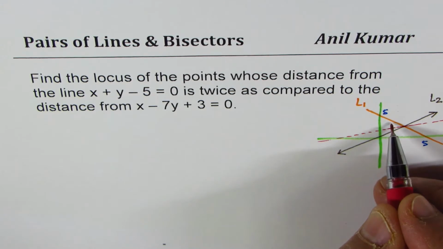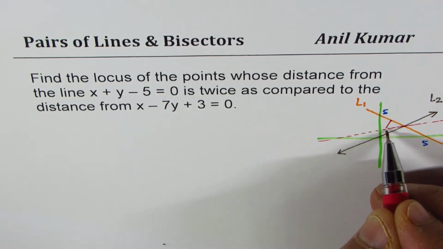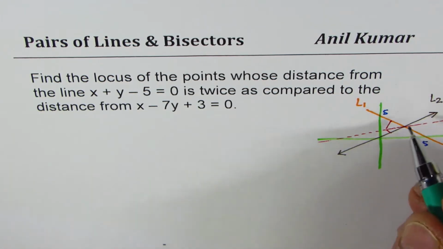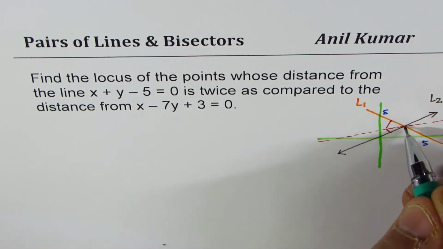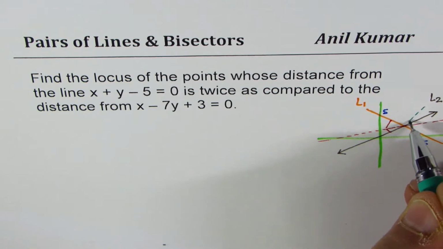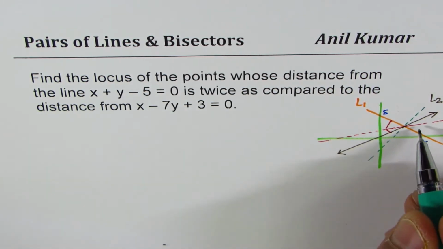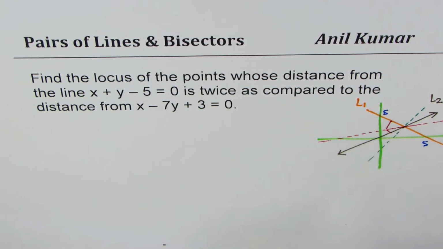So this line has twice the distance from L1 as compared to L2. As you can see, we can actually have two lines which will have twice the distance. The other one could be something like this. So one cutting across the acute angle, the other cutting across the obtuse angle. So that's the concept, and now we'll apply the distance formula.